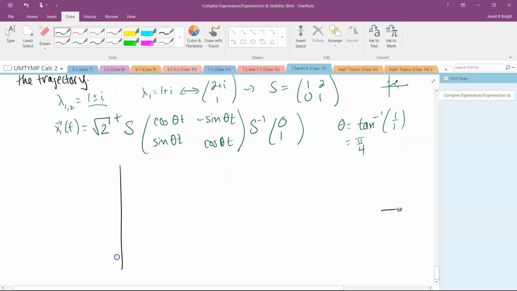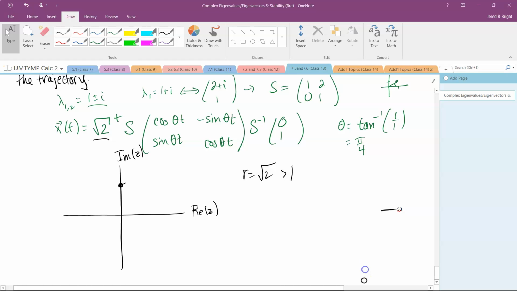So here we go. We want to just finish up here. And to do that, if we imagine plotting this on the real and the imaginary axes, if we start at 1, 0, because r is equal to root 2, which is bigger than 1, we have an unstable orbit.